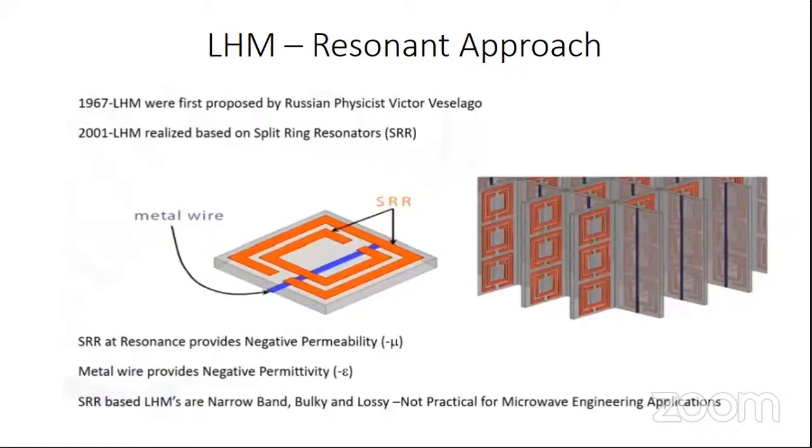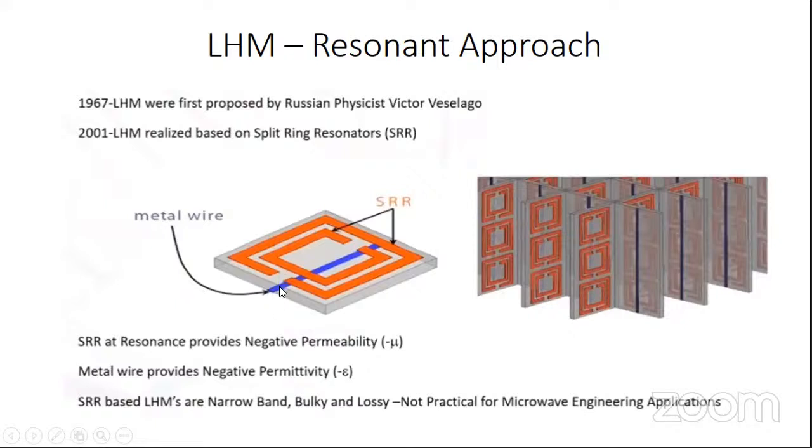The split ring resonator can be circular in form, or anything in loop form. At resonance, the SRR provides negative permeability, and the metal wire provides negative permittivity.